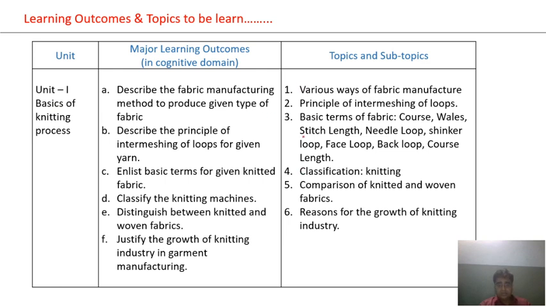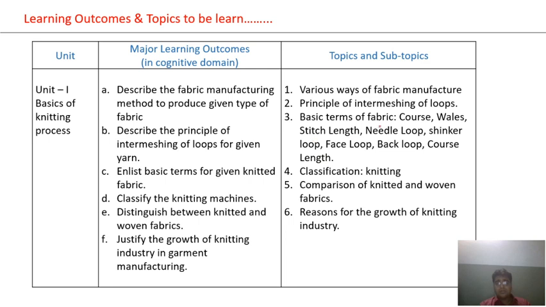Now these are some major topics we are going to learn. Those are various ways of fabric manufacture. Then the principle of intermeshing of loops, which is the basic fundamental of the knitted fabric. Then the third thing, basic terms of the fabric: courses, wales, stitch length, needle loops, sinker loop, face loop, back loop, course length.